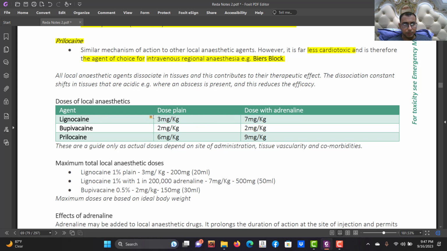So you have to calculate how much lignocaine with adrenaline is used for scalp bleeding. For example, if a patient is 50 kg and the dose is 7 per kg, that means 50 times 7, 350.